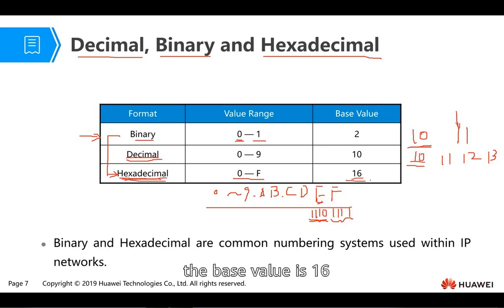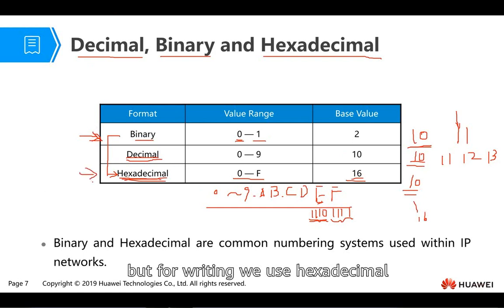The base value is 16. The 1 0 in hexadecimal means 16 in decimal. In the computer, truly binary is used, but for our writing, we use hexadecimal to abbreviate the expression.